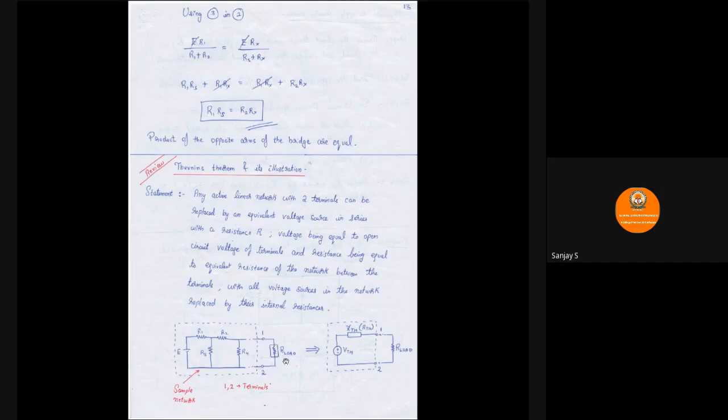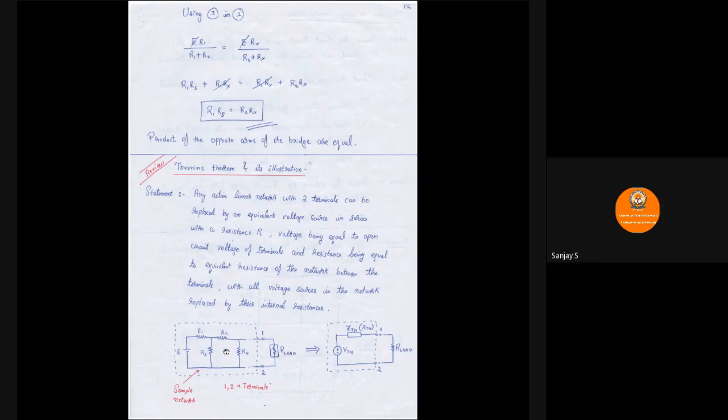This theorem says that this network containing a source and several other passive elements can be replaced by a single source and a single impedance, or single resistance, and then connect this load resistance so that you can find the current flowing in this loop. If the actual circuit has R1, R2, R3, R4, the circuit tends to be a bit complicated. Since the circuit is complicated, you'll have to use node analysis or mesh analysis, and this is a simple circuit.